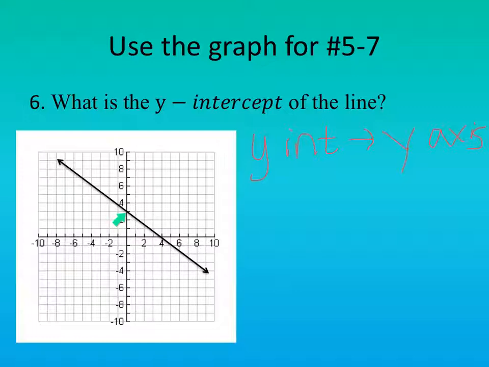Well, what's that point right there? That point right there is x equals 3. Whoop, not x. Uh-oh. Let me erase that. Talking about my y's. So it's going to be y equals 3. Easy question. All I had to do was use my eyes and look at the graph.